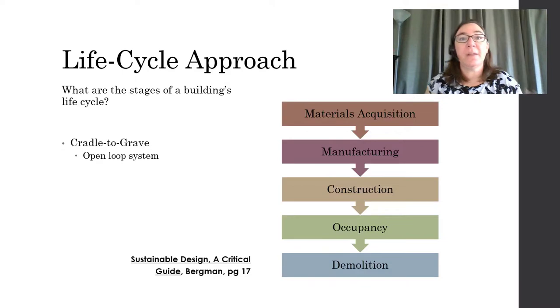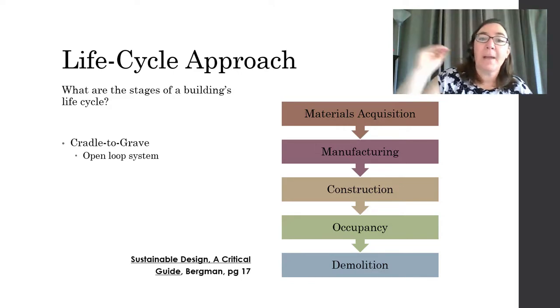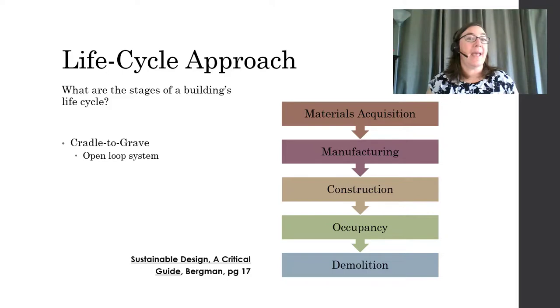So let's move to the building industry, now that we've had that other example, and think about the stages of a building's life cycle. You might start with materials acquisition. You're going to buy the materials that build your building. Manufacturing, construction. Then your building is occupied and used, and finally it's demolished.